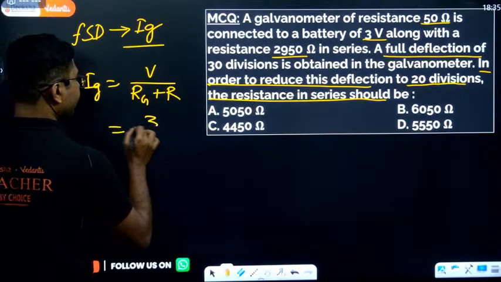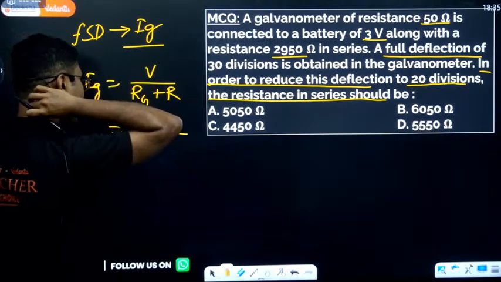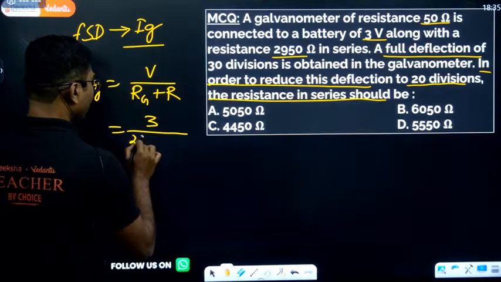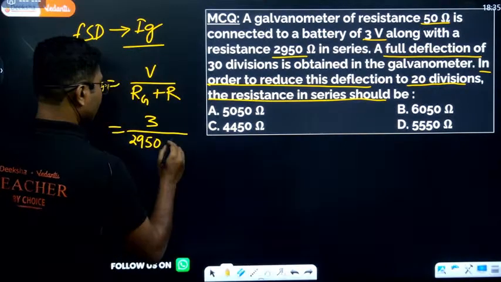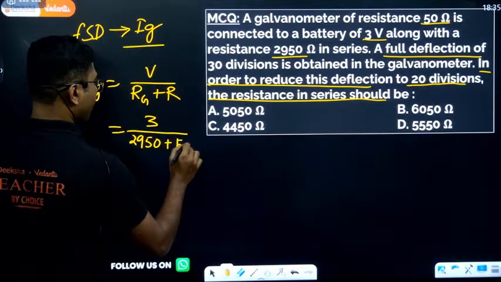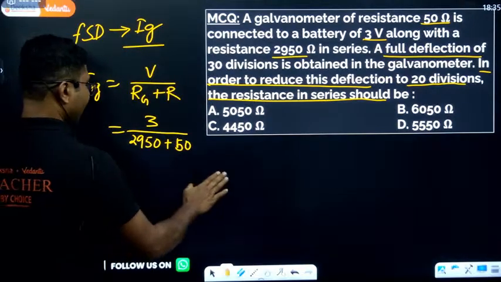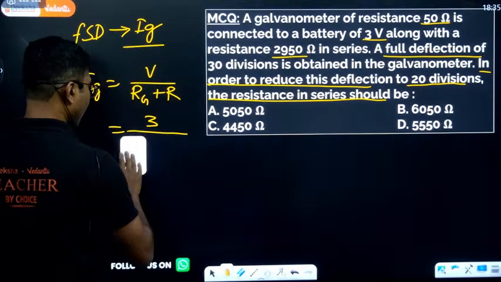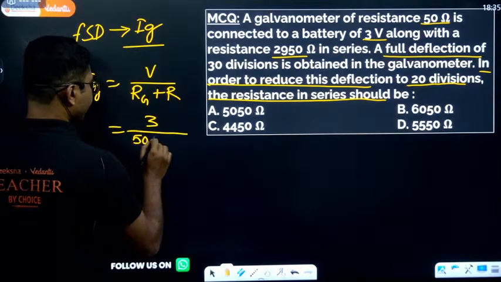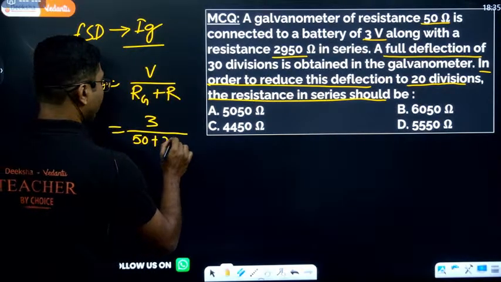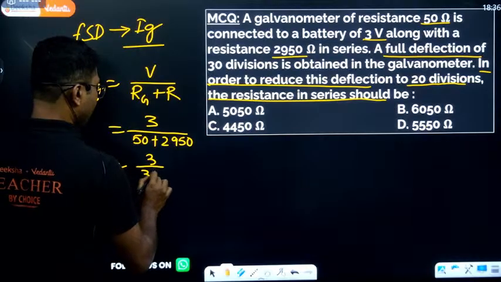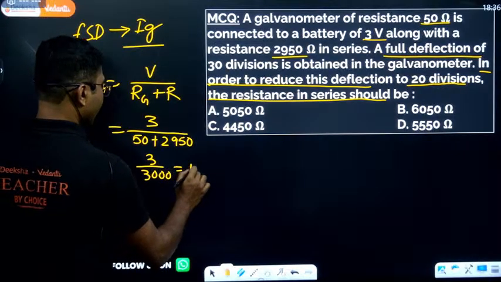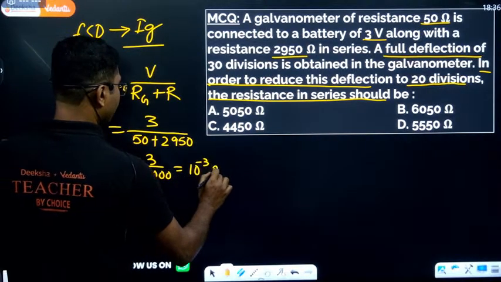The voltage is 3 volt, the galvanometer resistance is 50 and the external resistance is 2950. Okay, that will be 3 by 3000. That is 10 to the power of minus 3 ampere.